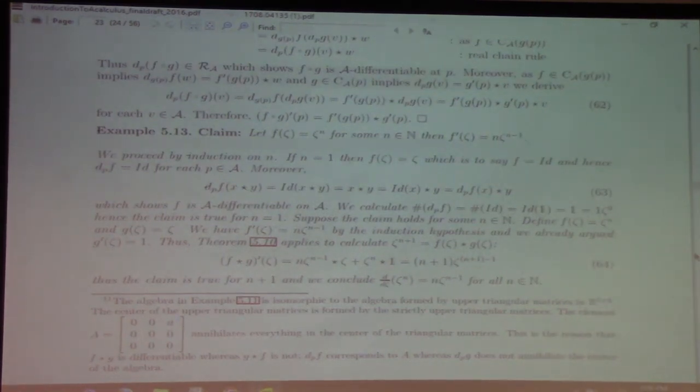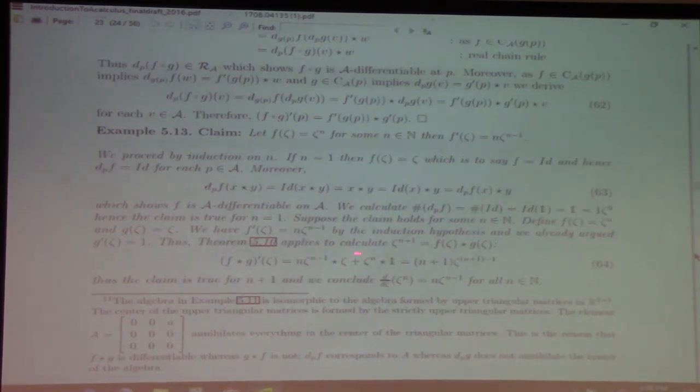So anyway, long story short, for f of zeta equal to zeta, the derivative f prime is just equal to 1. It's the constant function 1, right? And I think I give an inductive argument.